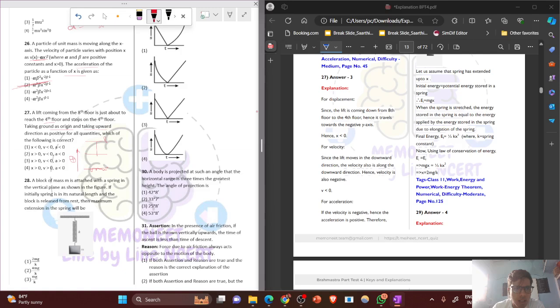So velocity, it is coming downward, so velocity is negative, displacement is positive, velocity is negative, and acceleration is also negative because it is in this direction, the downward direction. Gravity is in the downward direction.